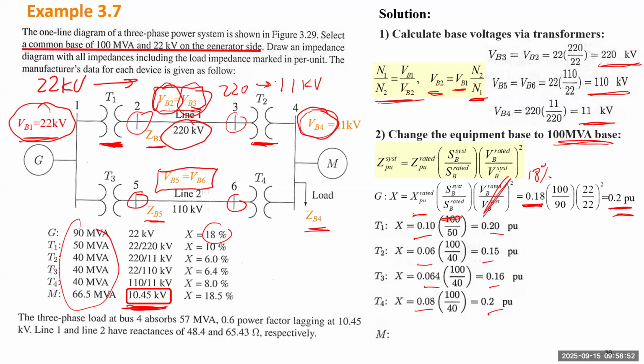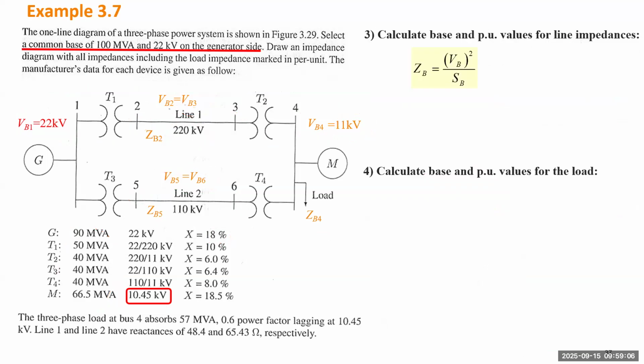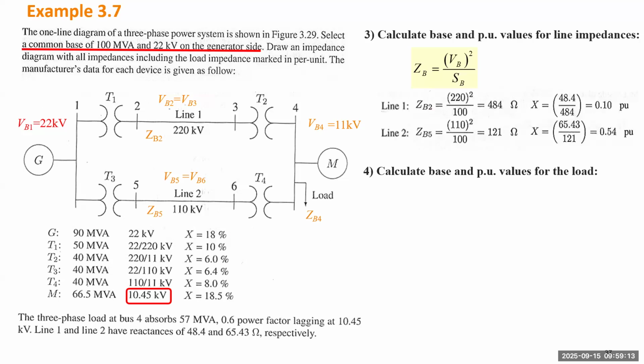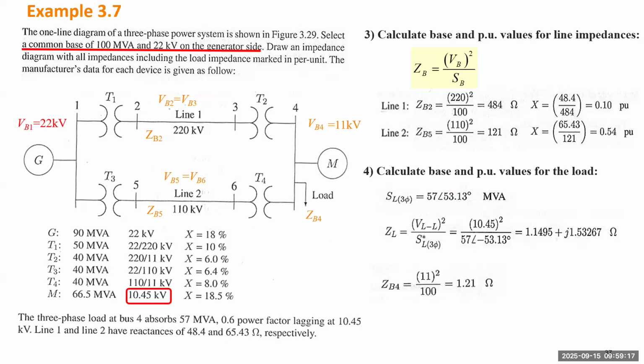But in the network, we need to make sure the voltage base on the motor side also meets the ratio for the transformer, so that will also need to update the transformer per unit value. Okay. So next we can calculate the impedance base value for both lines and the load. Then we can calculate the per unit value for the line and load.